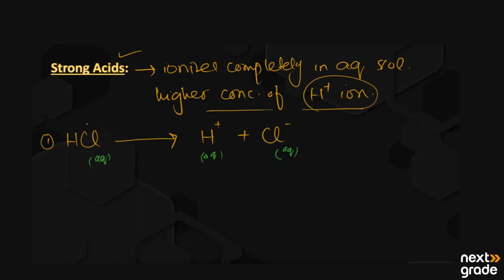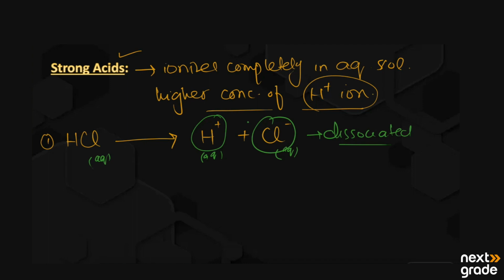HCl ionizes completely, or we can say it dissociates completely in water and produces two types of ions, H positive and chloride ions. So it is a strong acid.